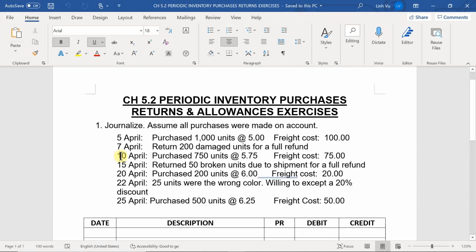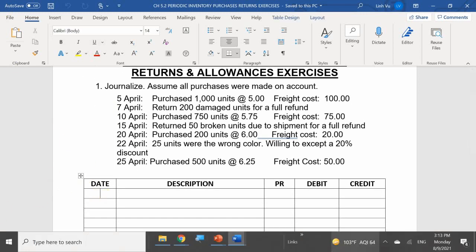So here we are. Purchase 1,000 units at $5 each, freight costing you $100. So April 5th, we need to journalize that we purchased inventory.